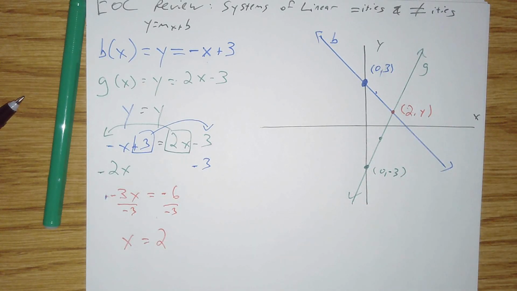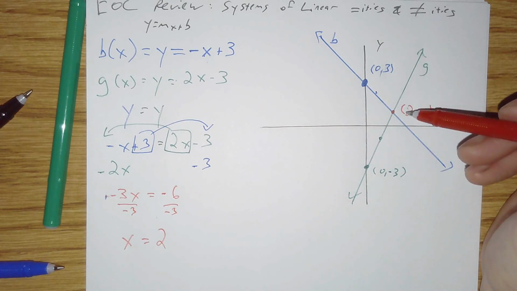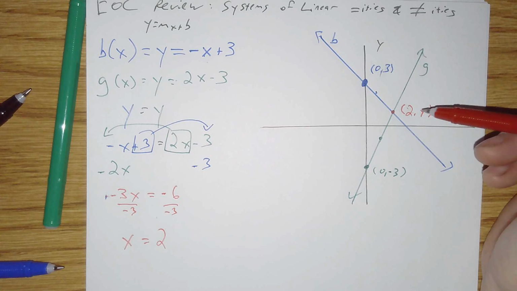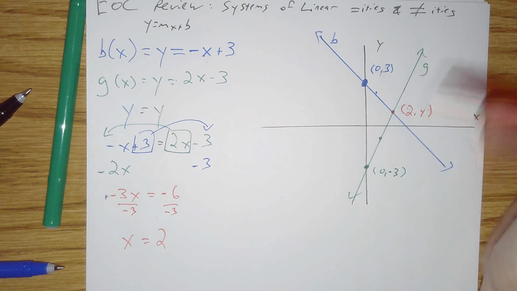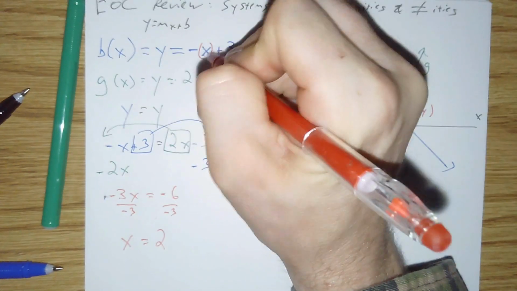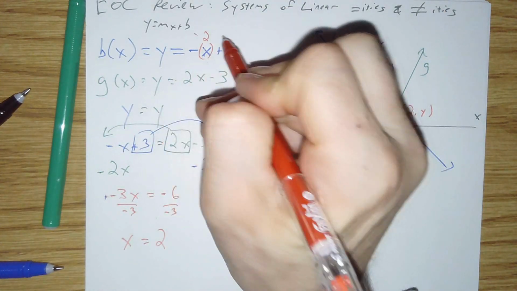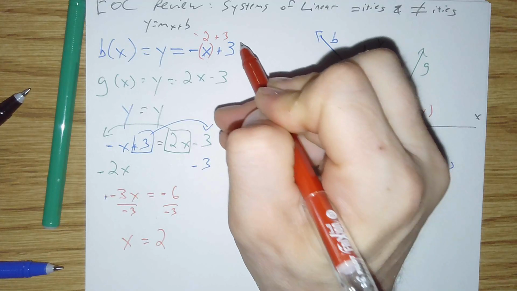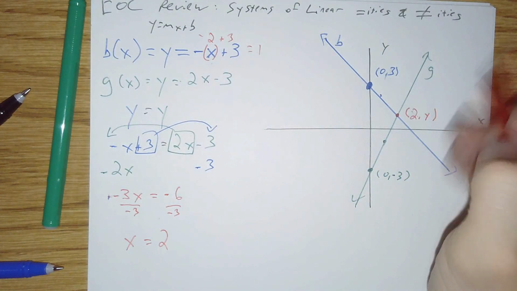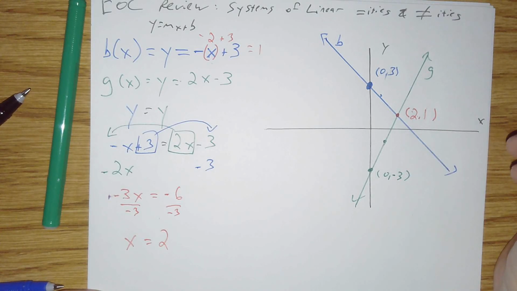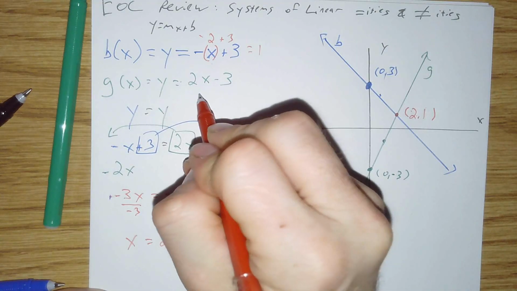So this is the x value where the blue line and the green line meet. If I put in 2 for x, -2 plus 3 equals 1. So this y value is 1. And if I do it on this one, you can see it works the same way.